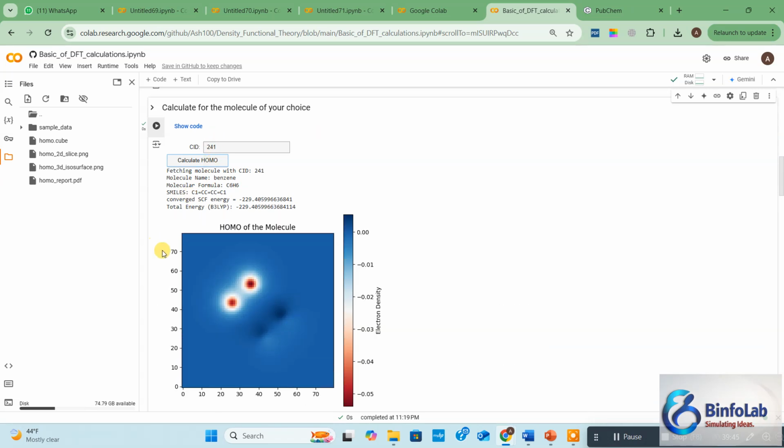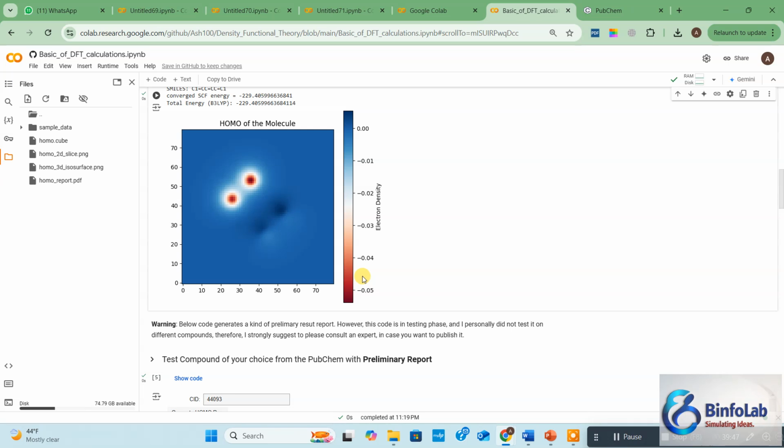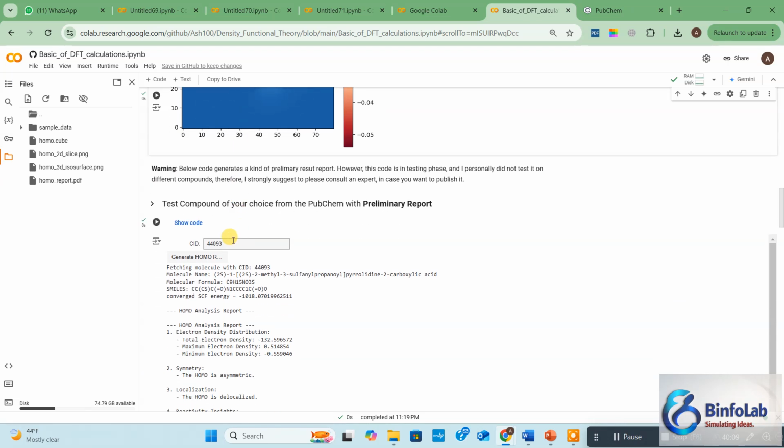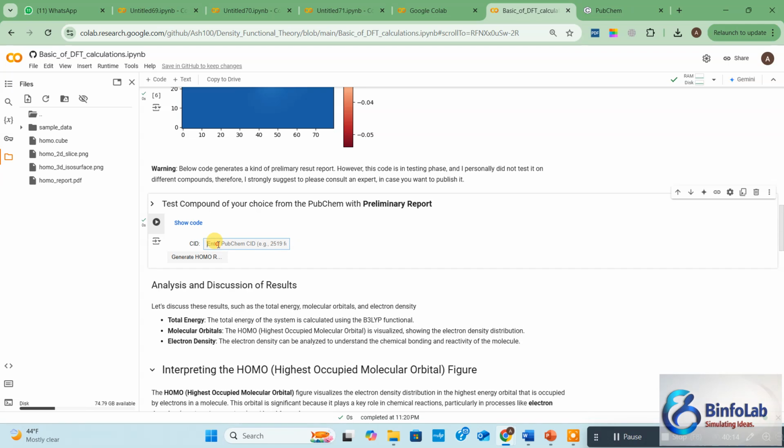So it will give you, yes, this is somehow great. You can see 1, 2, and then maybe one here, 3, 4, 5, and another one is here. But the electron density, it's clear the electron density is higher on these two atoms in benzene, not on the others. And let's say to just first run this, then type 241, the CID of your molecule.